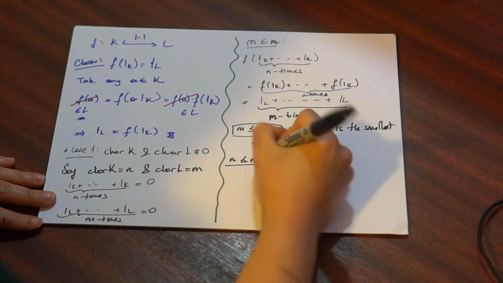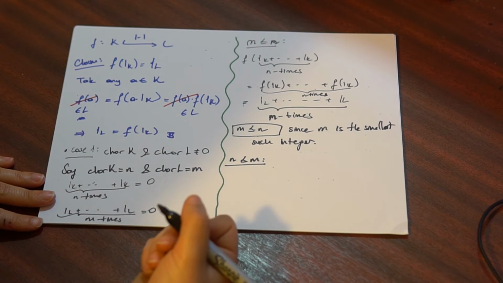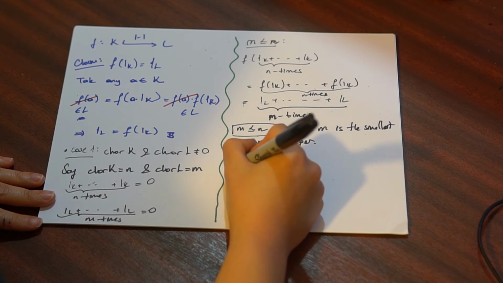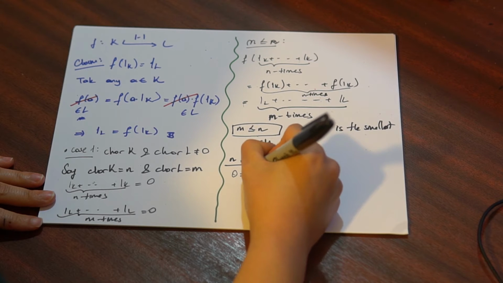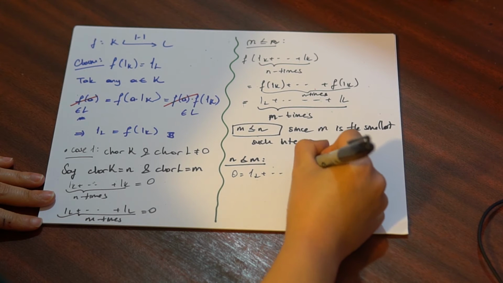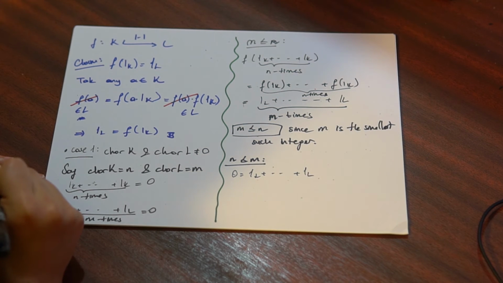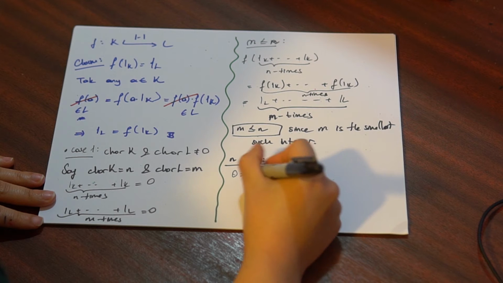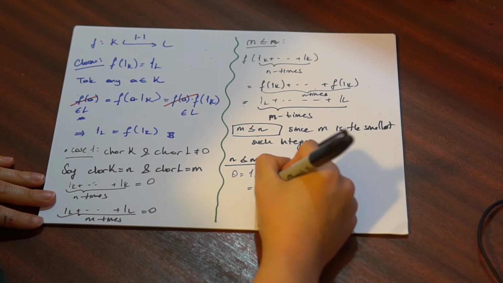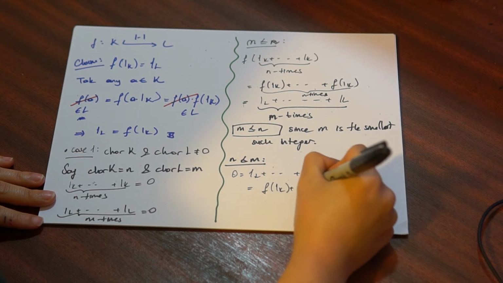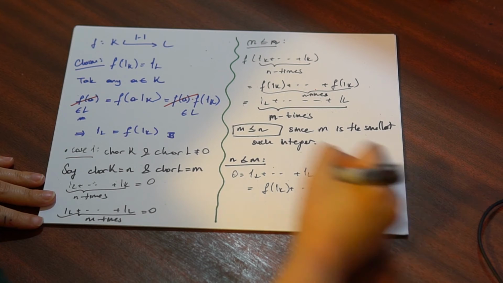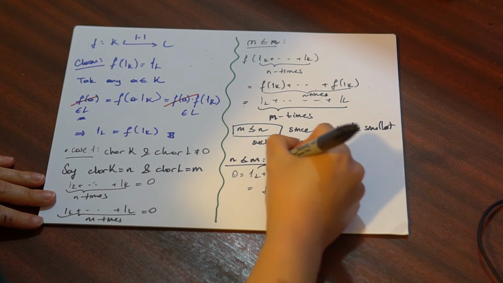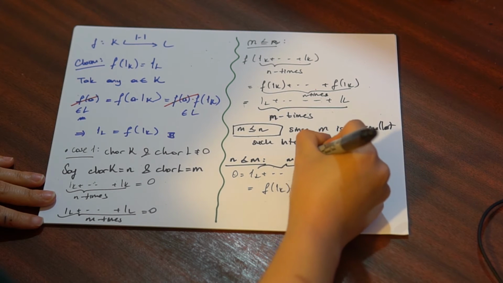Other side: now we show that n is less than or equal to m. So 0 is equal to m times 1_L, right? Every 1_L is equal to f of 1_K, and these are m times.